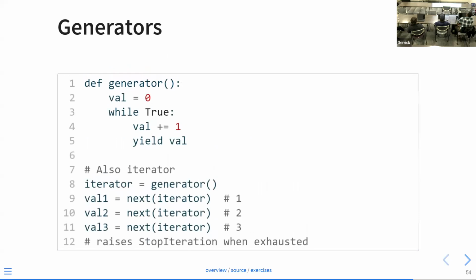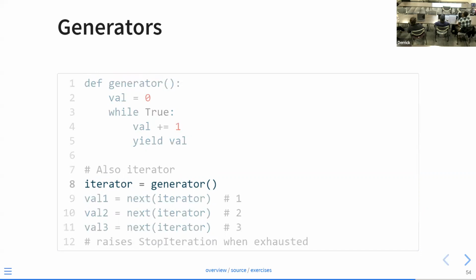So what we call an iterable is something we can do for x in thing. That's iterable. Iterator is a different protocol, and how we use it is like this. We have our generator again, same thing from before, but this time we can call next.